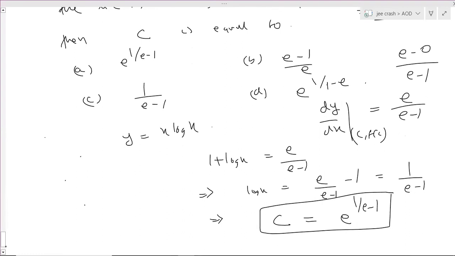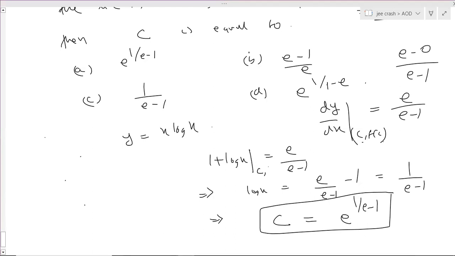Yes or no? Is everyone clear about this? Krishna, Marita, Priya, Ryan. So I didn't get the last part. See, we are finding the differentiation at c comma f of c.